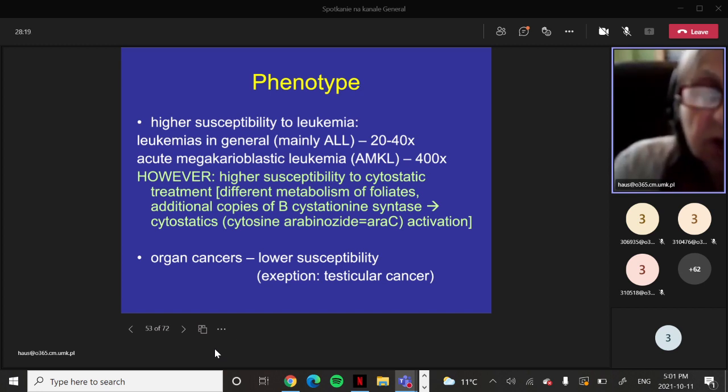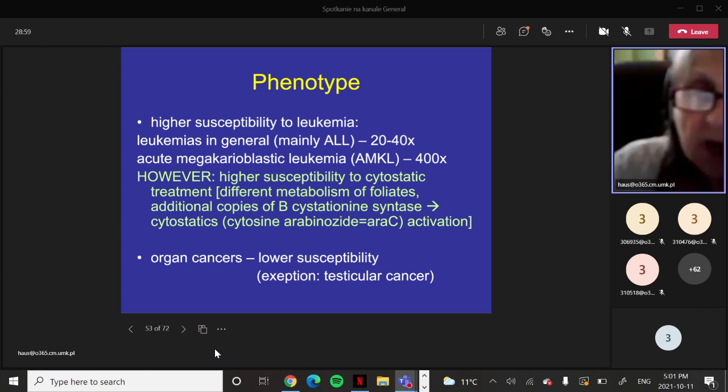Now the treatment of children with Down syndrome and leukemia is totally different from the treatment of the 20th century, for example, and also from the treatment of children without trisomy 21 but with leukemia, because children without trisomy 21 are not so susceptible to cytostatic treatment.